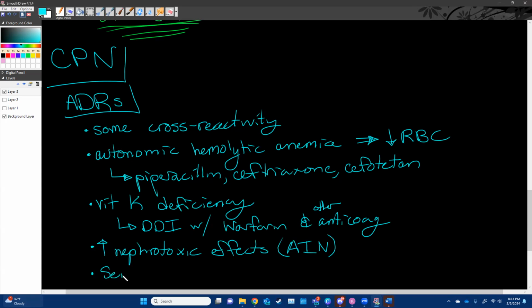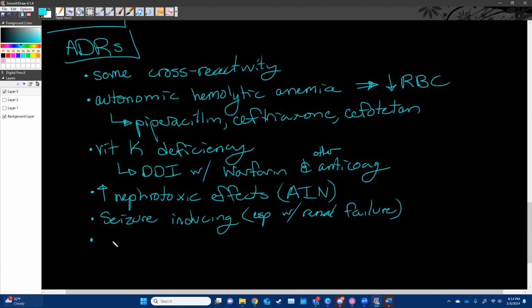These guys are seizure inducing, which was something I saw on my rotation, especially with renal failure. And then the last thing is that a couple of them are going to cause a disulfiram-like reaction.